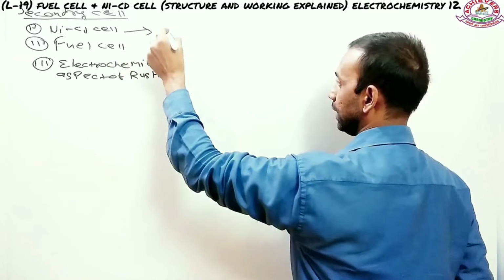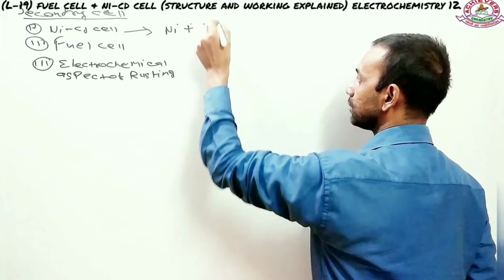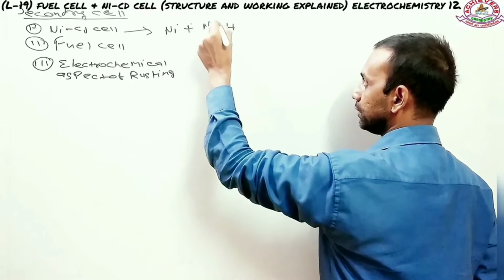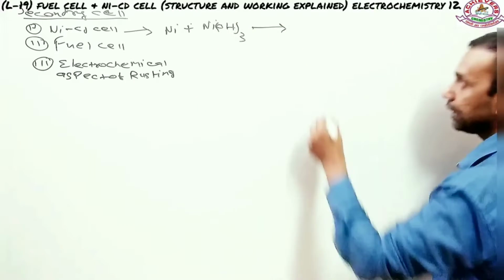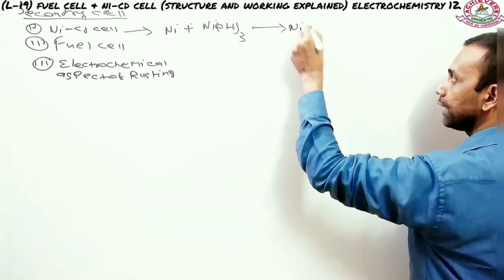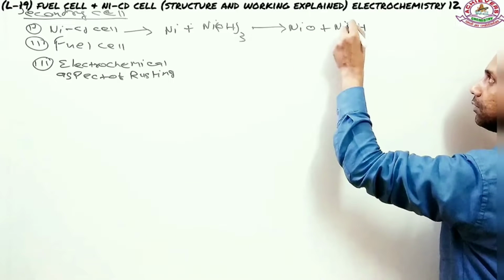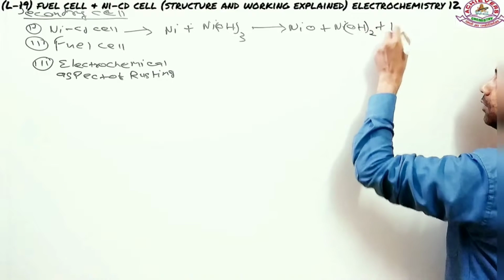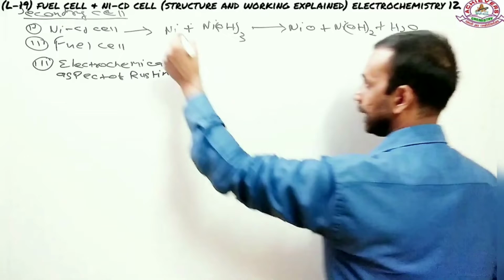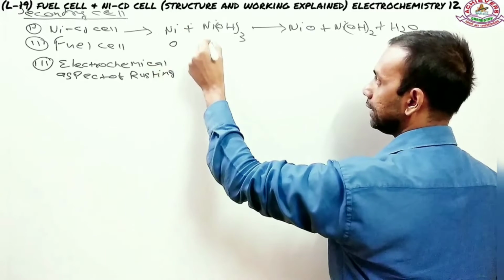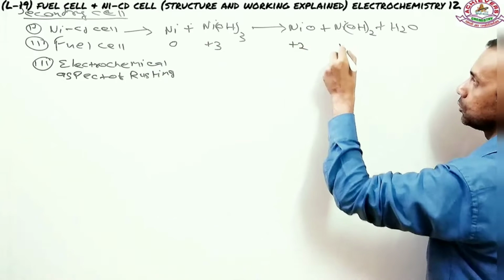In a nickel cadmium cell, nickel reacts with nickel trihydroxide, and then nickel undergoes oxidation to produce nickel dihydroxide, and hydrogen after oxidation becomes water. The oxidation number here is 0, there it is +3, there it is +2, and there it is +2.